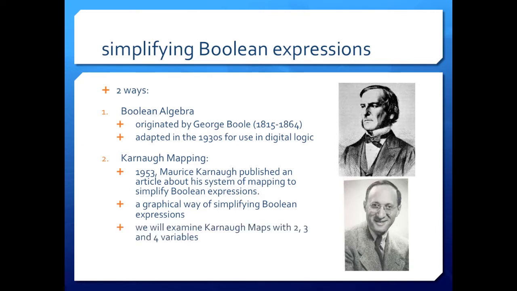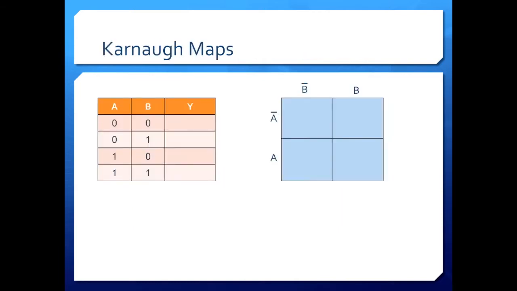Now we'll be looking at Karnaugh maps with 2, 3, or 4 variables. There are other ones that have 5 and 6 variables, but we're going to stick with 2, 3, and 4. So this is an example of a Karnaugh map on the right side, and of course this is our typical truth table.